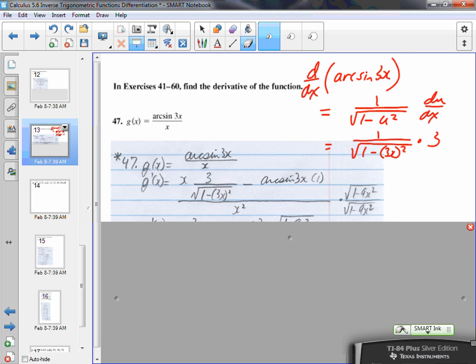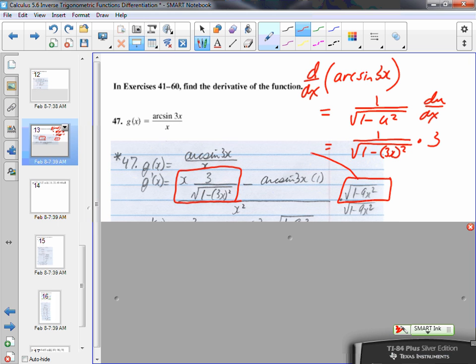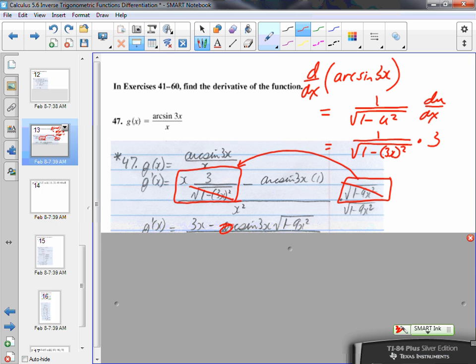When I do that, I multiply that times that, don't I? That square root of 1 minus 9x squared is in the denominator. That square root of 1 minus 9x squared is a factor in the numerator. They divide out, leaving me with x times 3, which I will call 3x.